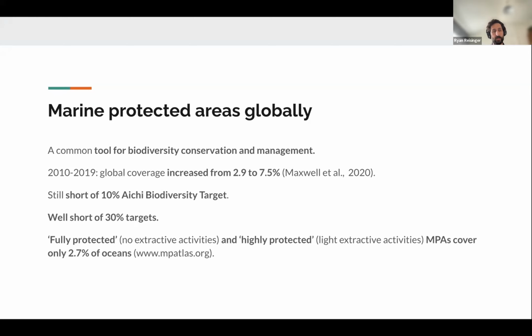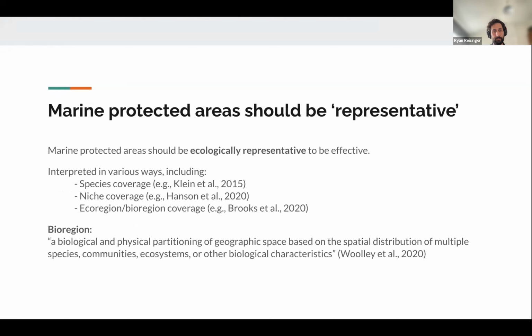If we consider only fully protected MPAs, where no extractive activities are allowed, or highly protected MPAs, where only light extractive activities are allowed, MPAs cover only 2.7% of our oceans.